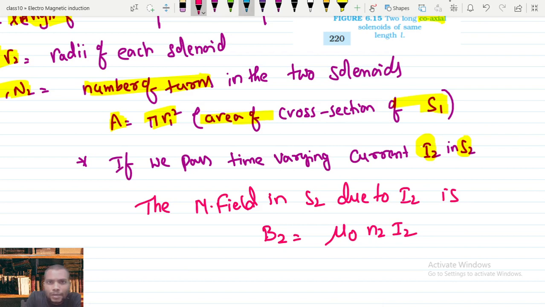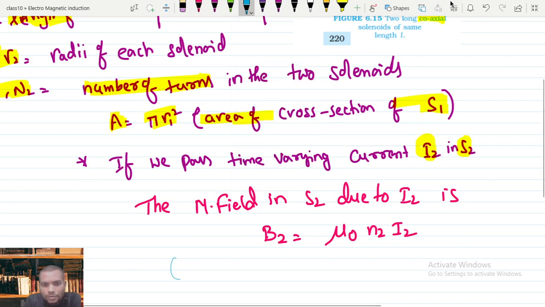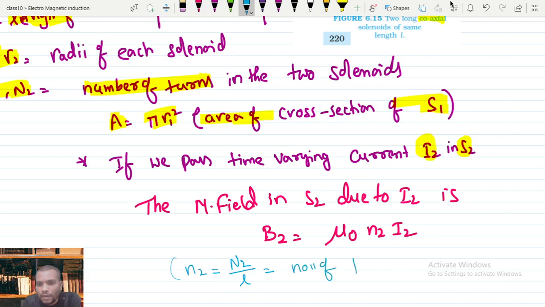Here small n2 is equal to capital N2 upon L, which is the number of turns per unit length.